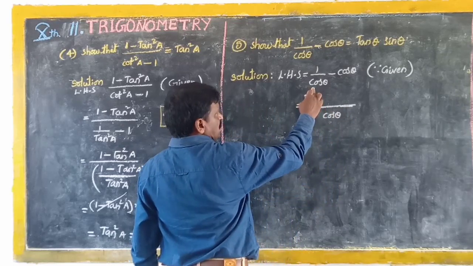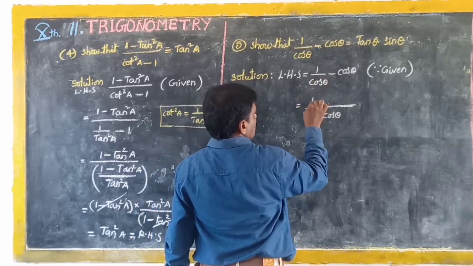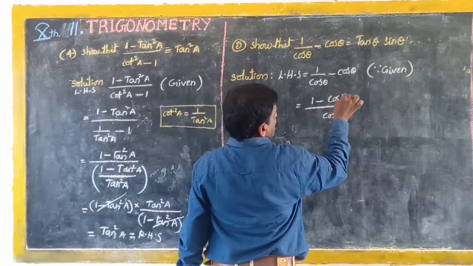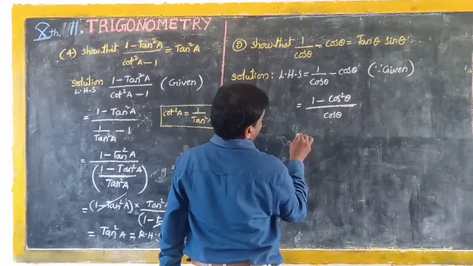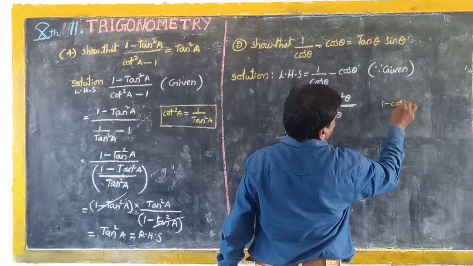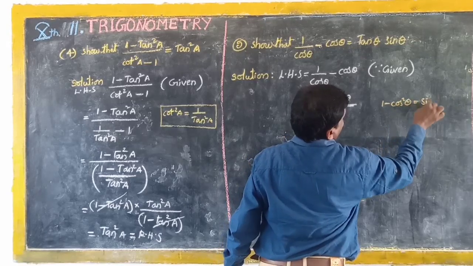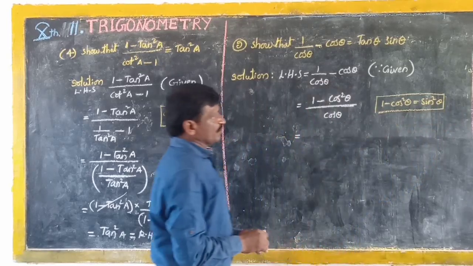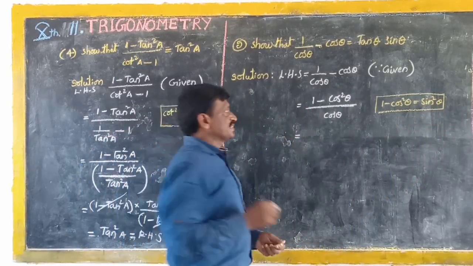Cos theta is in cos theta 1 time, cross 1 into 1 is 1, cos theta into cos theta is cos square theta. So 1 minus cos square theta. We know that 1 minus cos square theta is equal to sin square theta.